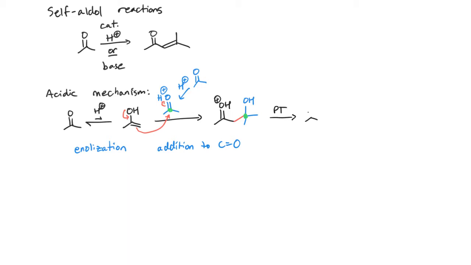After a proton transfer, if our overall goal is to do the condensation reaction, we can transfer the proton from the carbonyl over to the alcohol. This makes sense in terms of pKa's because we're going from a lower to a higher pKa. So this is a very favorable reaction, and this is part of why the elimination of water from the aldol addition product is favorable under acidic conditions.